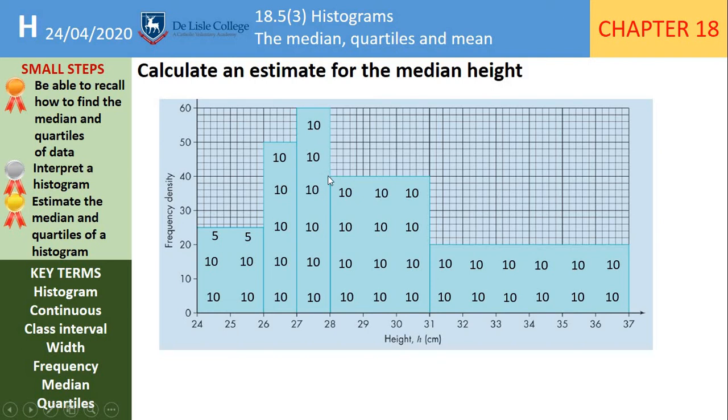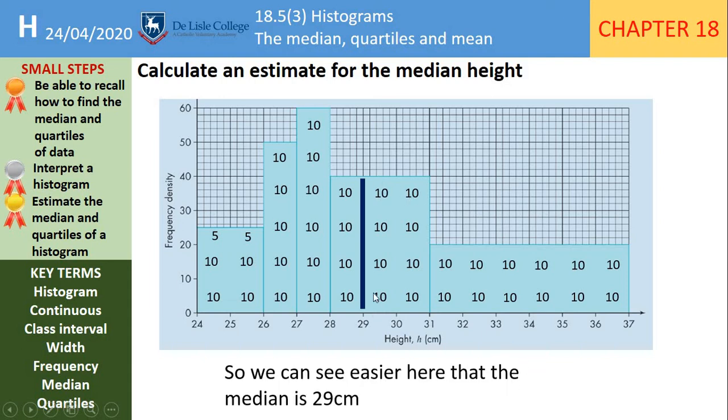Now I want to split it so it's 200. We can clearly see that I need to split it here. So I've got an area of 200 with the bars this side, an area of 200 with this side. So we can clearly see more easily that 29 centimetres is the median.